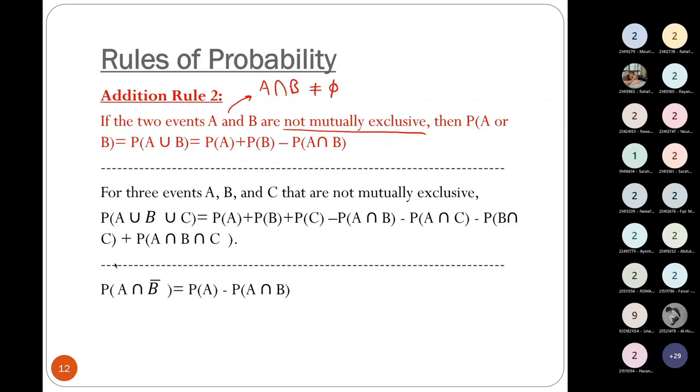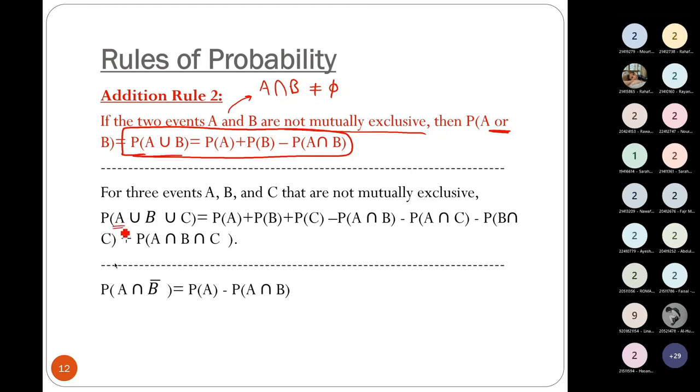So the probability of A or B, this is the union, equals the probability of A plus the probability of B minus the probability of A intersection B.